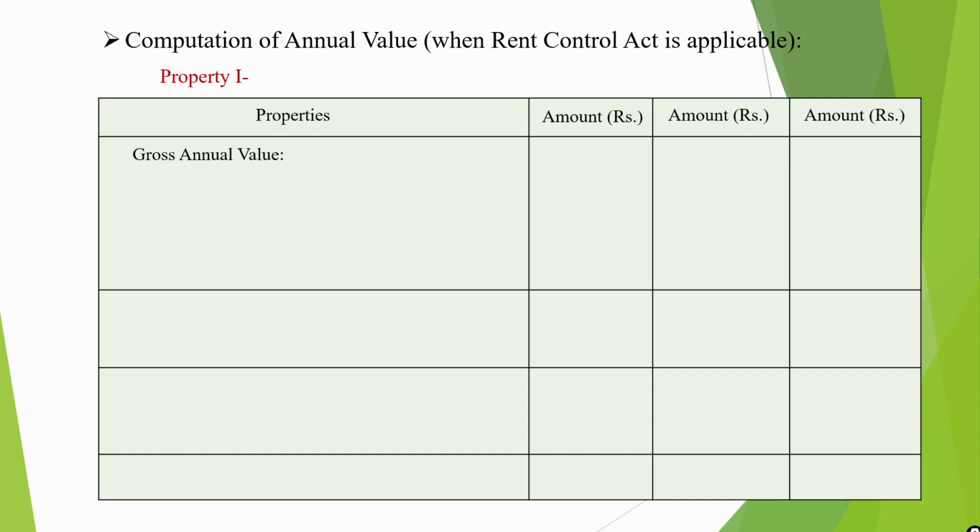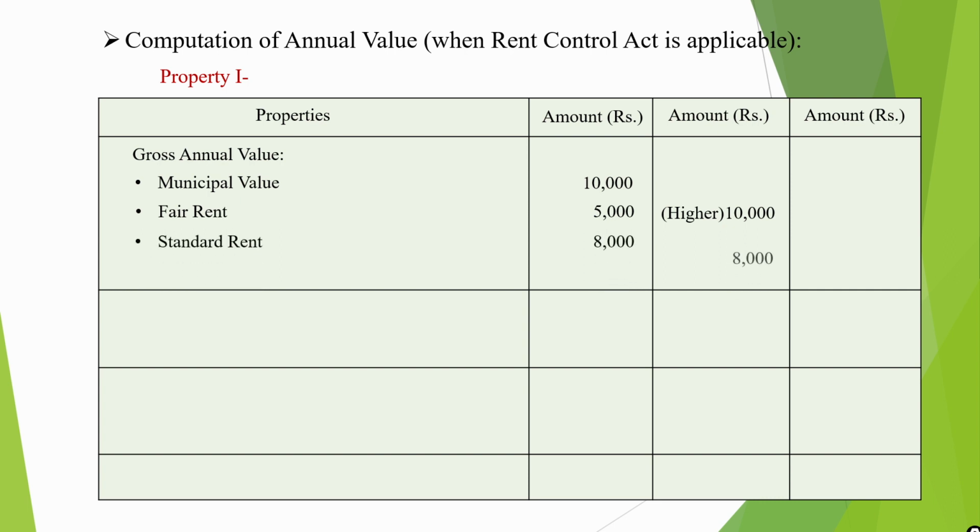for computing the gross annual value, you have to follow the 3 steps. Step 1, you have to compare municipal value with fair rent and take the higher amount, that is rupees 10,000 in this problem. Again, this 10,000 you have to compare with the standard rent rupees 8,000, and here you have to take the lower amount, that is rupees 8,000.